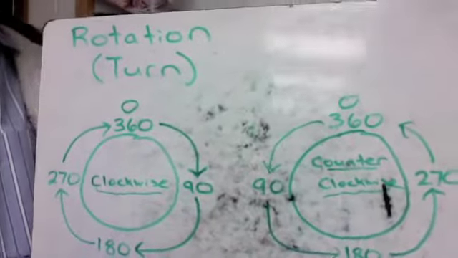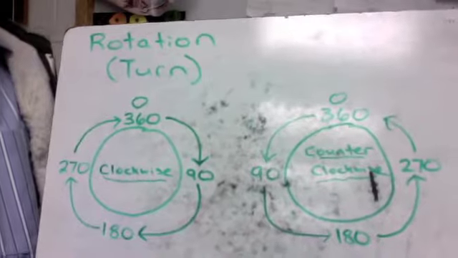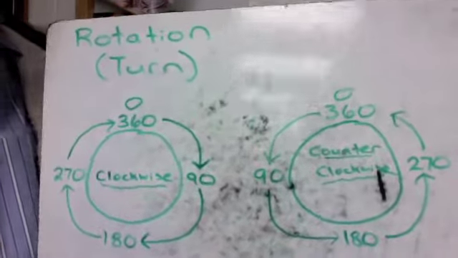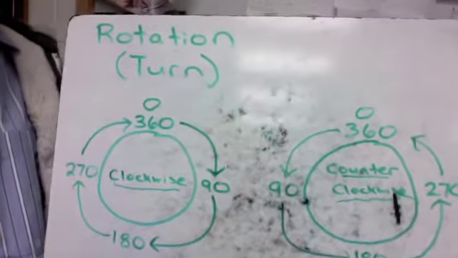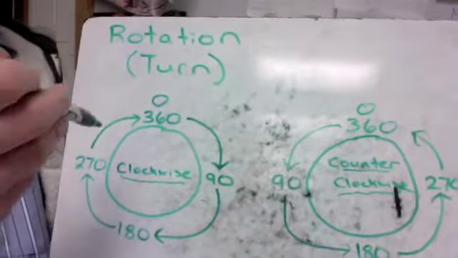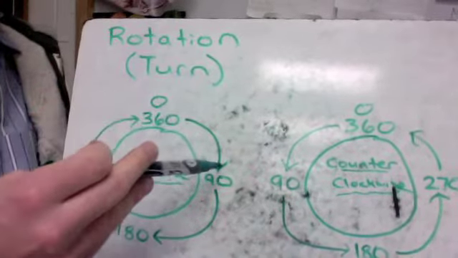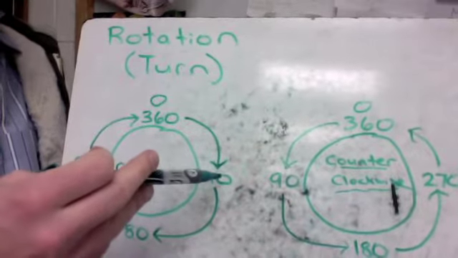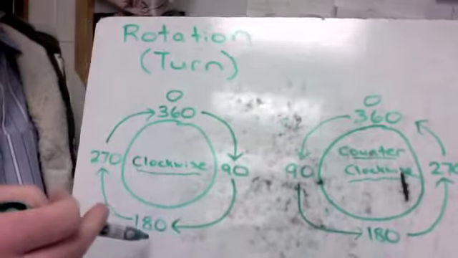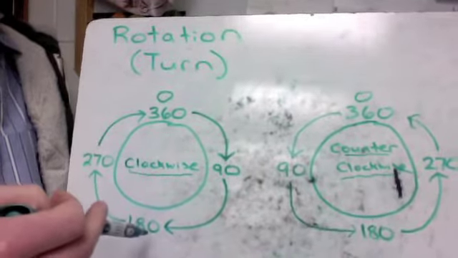The other thing we need to look at is how a circle actually works. Okay? There are 360 degrees in a circle. That's a big important thing to remember. So if we take a shape and we're going to rotate it clockwise, one turn, we turn the shape 90 degrees. If we turn the shape two turns, it's going to be completely upside down, and we turn it 180 degrees.